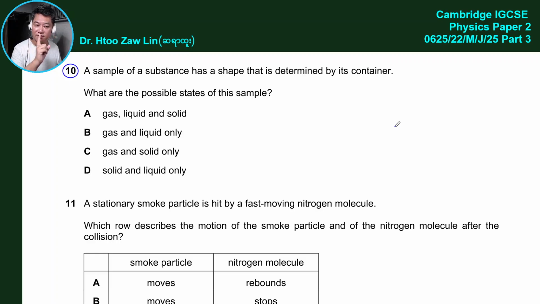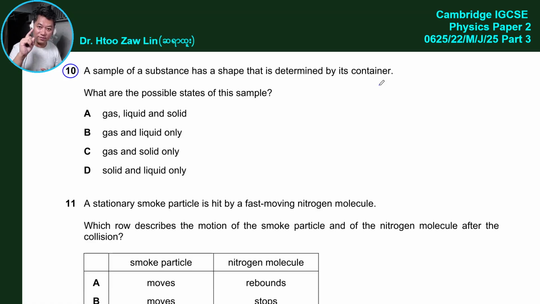So let's read the first statement again. A sample of a substance has a shape. That sample has a shape. This shape is determined by its container. Okay, very good. So we know that the sample takes up the shape of the container.